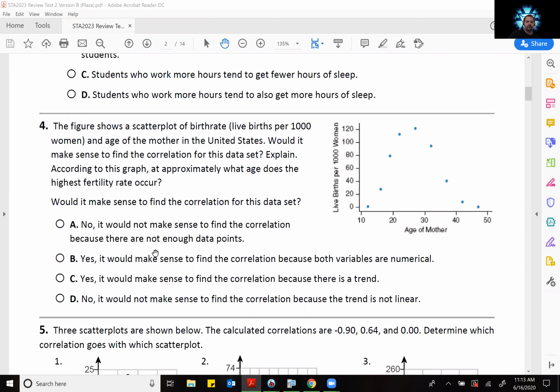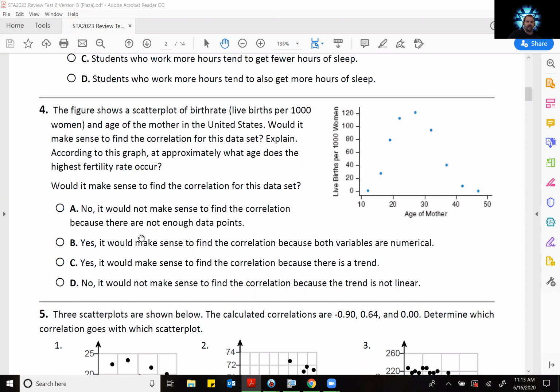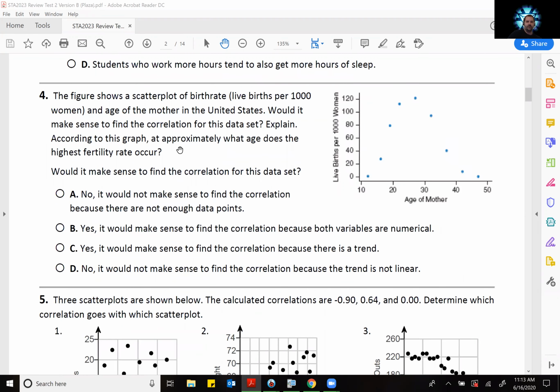So Deanna, I feel like we're missing a question here, because it seems like there's an extra question right here. According to this graph, at approximately what age does the highest fertility rate occur? So there's 2 separate questions, but there's only one down here. Check on that for me. Okay, I'm going to check.